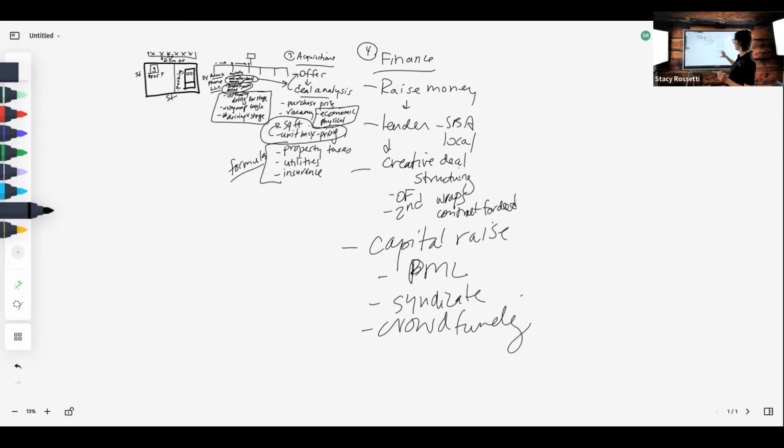I've done all of these as well. So private money, finding private money to lend you money. Another thing too is partnering, finding a partner.